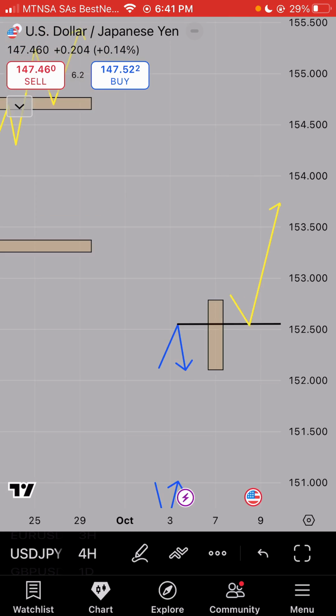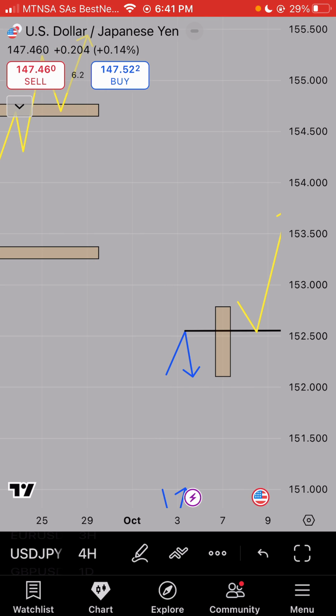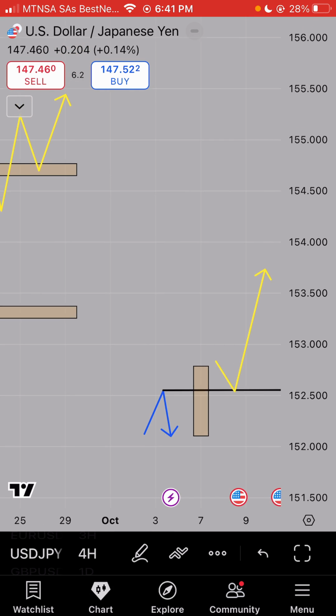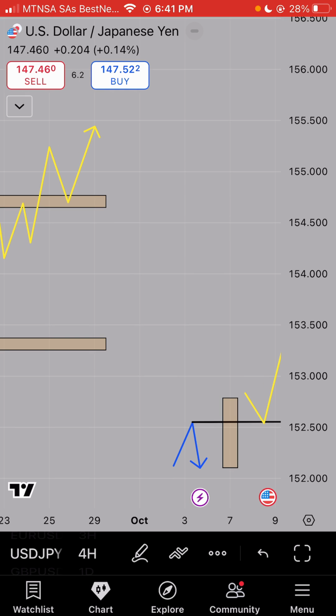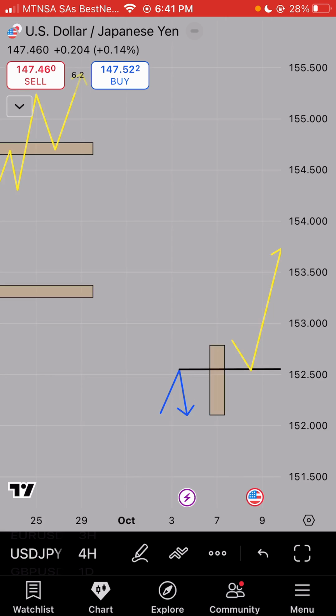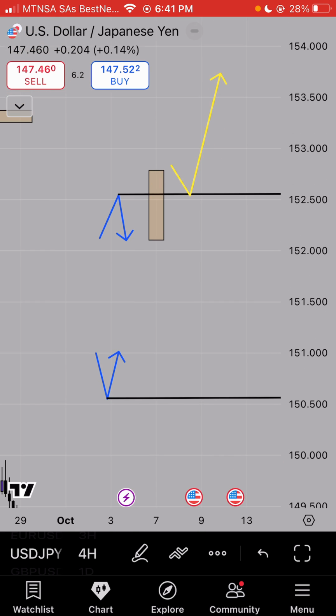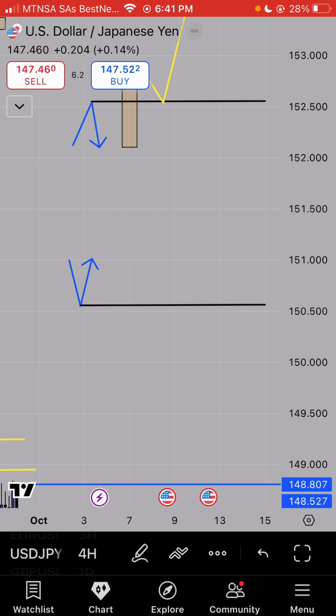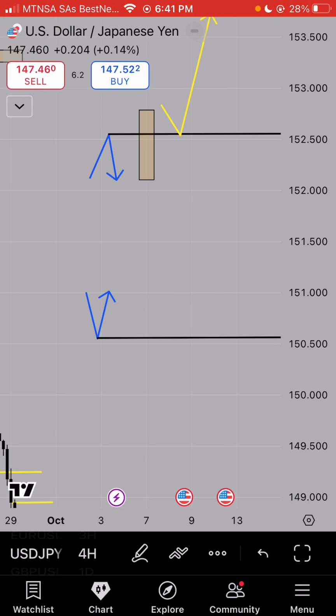And what do we use the MSNR key levels for? We use them to look for a high probability trade; when that happens, we aim for a high probability trade on these key levels. That is the MSNR key levels, and that is how we are going to use them.